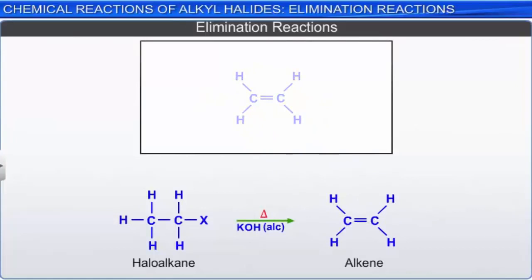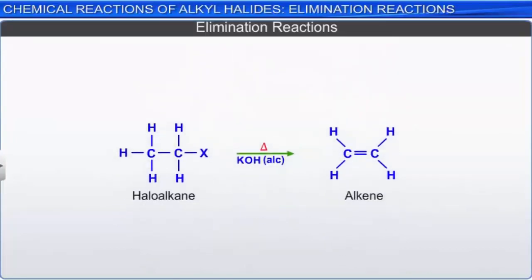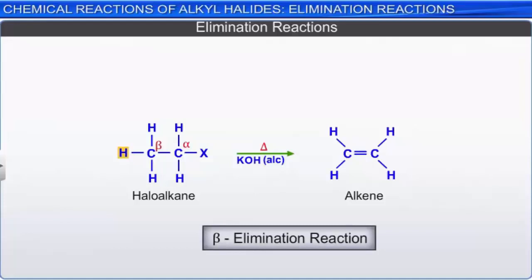In these reactions, a haloalkane with a beta hydrogen atom, on heating with an alcoholic solution of potassium hydroxide, loses a halogen atom from the alpha carbon and a hydrogen atom from the beta carbon to form an alkene molecule. Since a beta hydrogen atom is involved in the elimination, these reactions are often called beta elimination reactions.